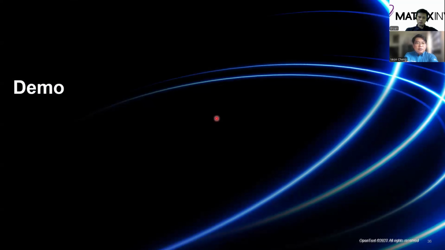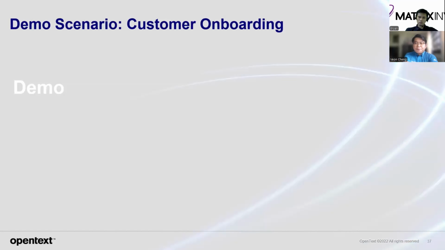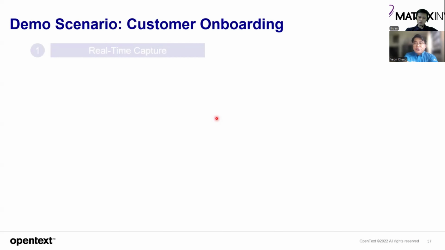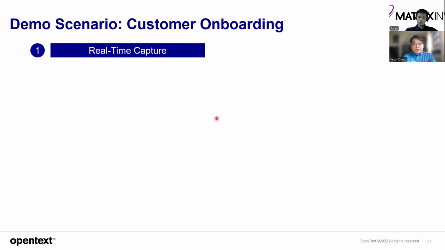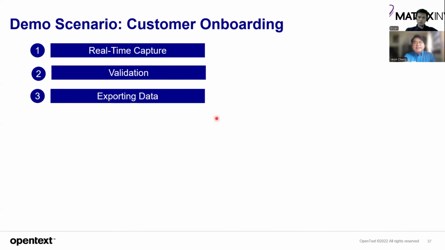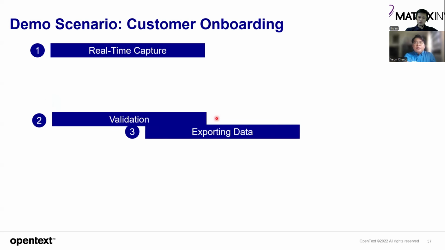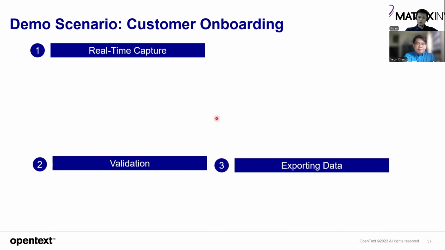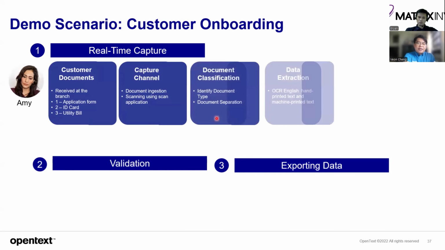Okay, so let me do a demo of how our capture solution works. Right now, I will do the customer onboarding process, where you will see a real-time capturing process, how we validate and how we export the data out to the system. It's a real-time bank system, so I will have a maker and checker process.